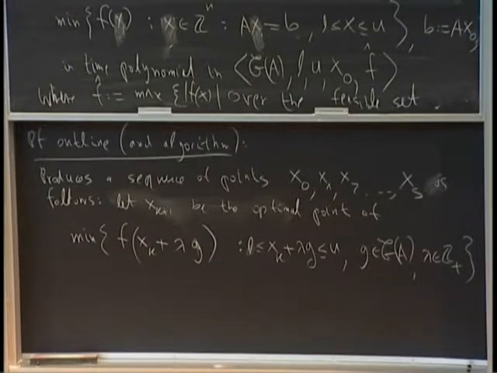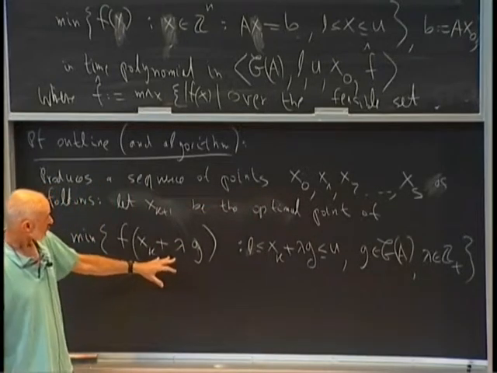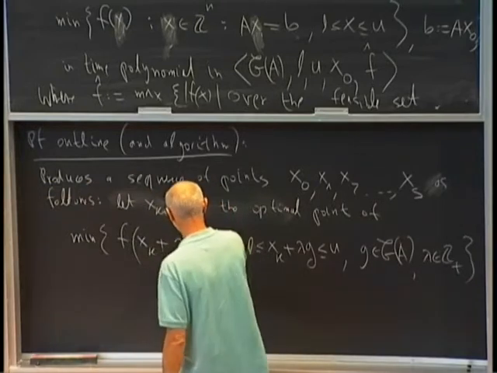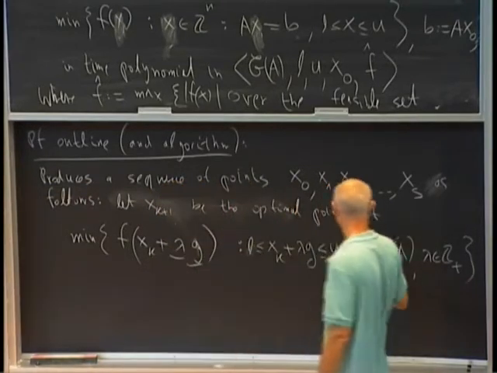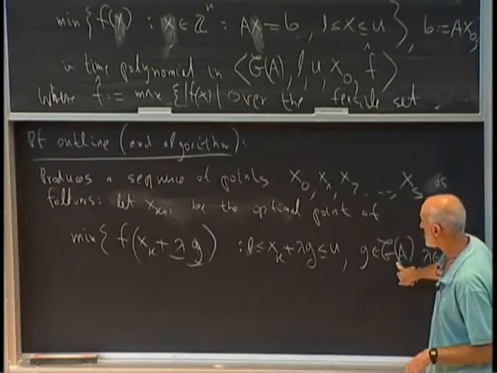First of all, let me see if the algorithm is clear, and then we'll justify it. You start with the feasible point. At each point, you solve this problem. Now, this is an easy problem. Why? Because there are two variable things here: g, a vector in the Graver basis, an improving direction, and the step size.